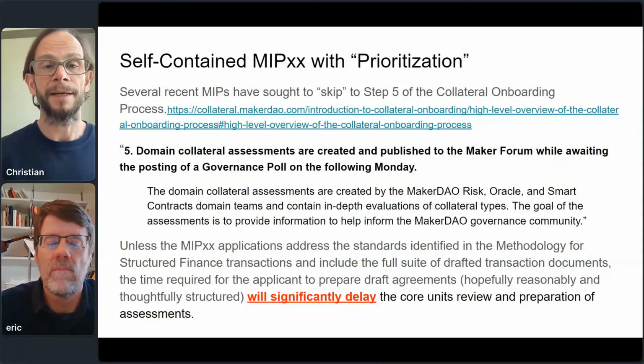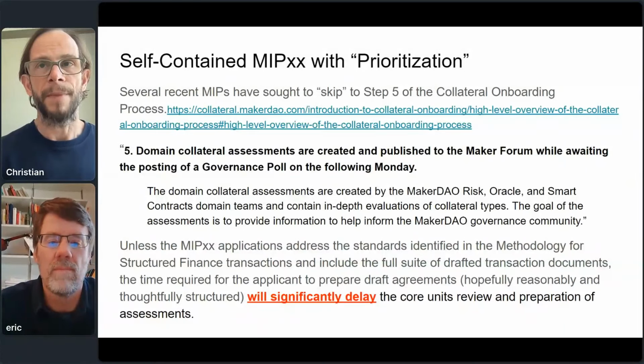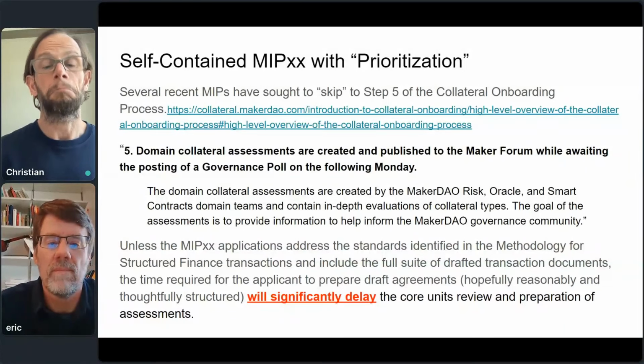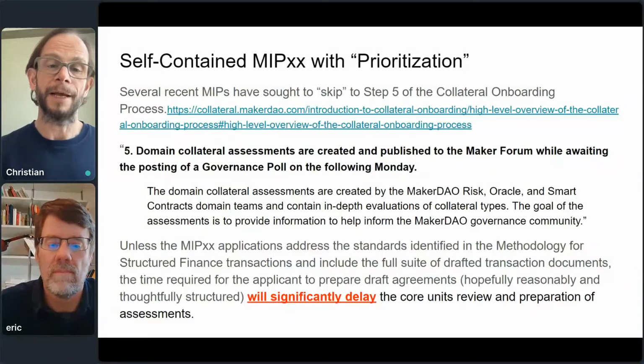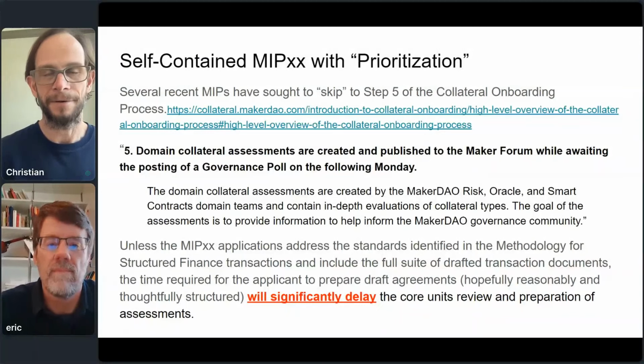So they give us a MIP application that's not complete. It has prioritization language in it. They get prioritization and kind of a focus on their MIP if it's been approved. And then we can't do anything until they actually provide us draft agreements. Well, it's going to take them time to prepare the draft agreements. So we basically sit on our hands doing nothing with respect to all other assets while the borrower controls the pace of the document. And that doesn't seem right.